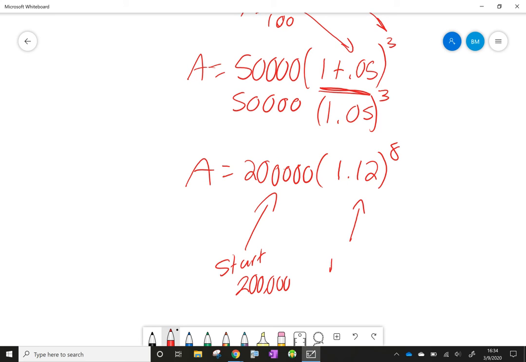My rate is 0.12, which is 12 cents, the same as 12%, so it'd be a 12% rate, and that this would be 8 years or months or whatever the unit of time in the problem is. Typically it's years, but that represents time. So you have to recognize things like that as well. It can really help you out.